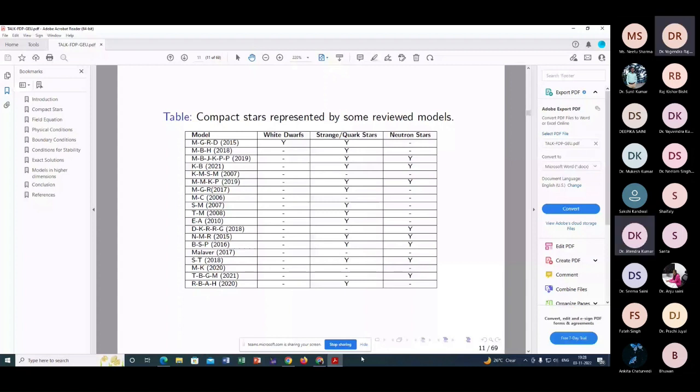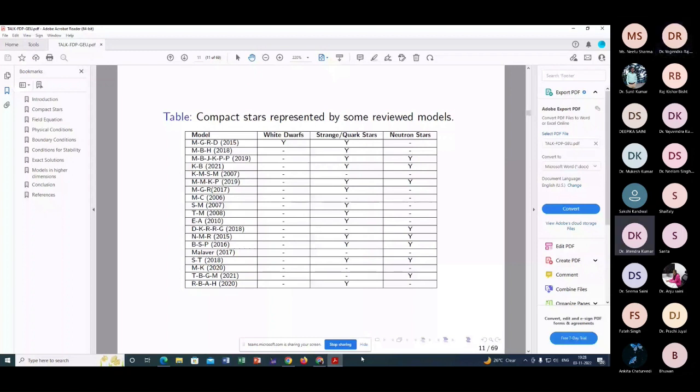Like here we can see that the first one is capable of representing white dwarf and strange quark stars, and the third one, discovered in 2019, is capable of representing strange stars as well as neutron stars. So these are a few established mathematical models capable of representing compact stars, and these compact stars are categorized in these forms.